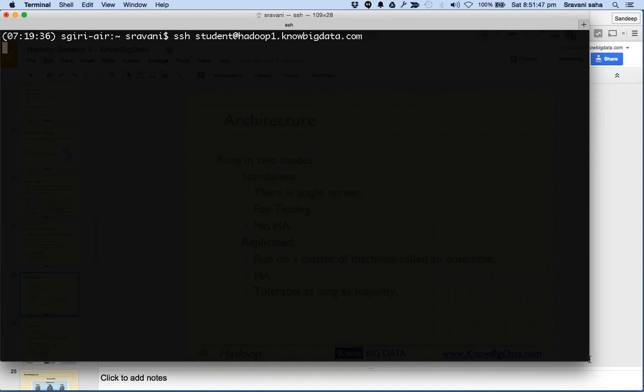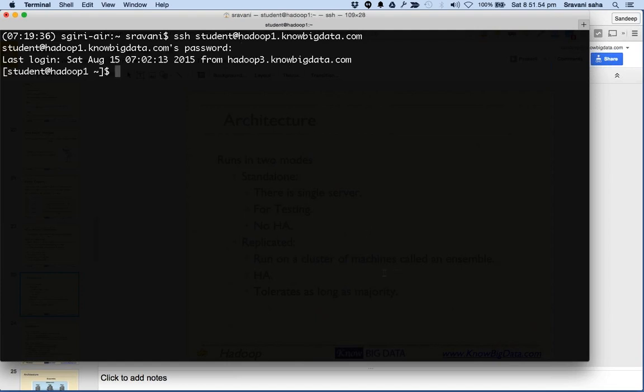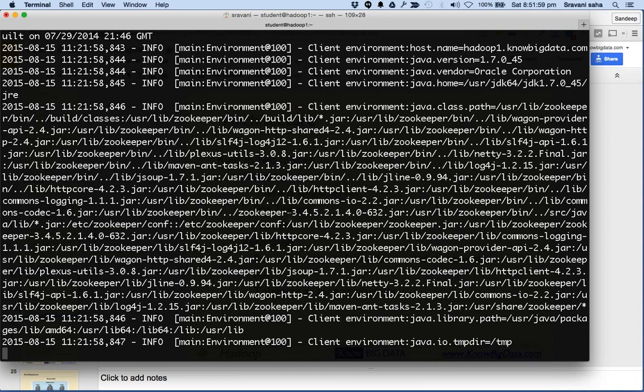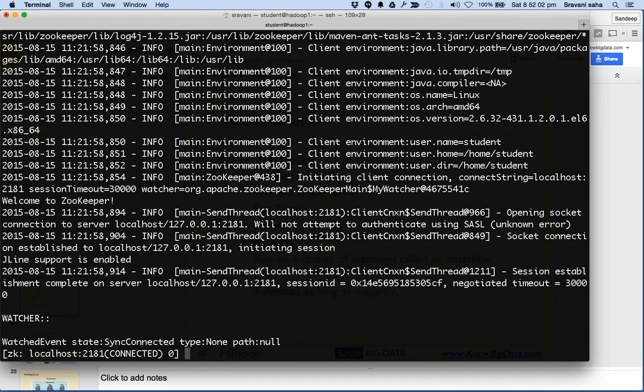All right. So here is the Zookeeper client. All right. Now, when I'm connected, I'm the client.